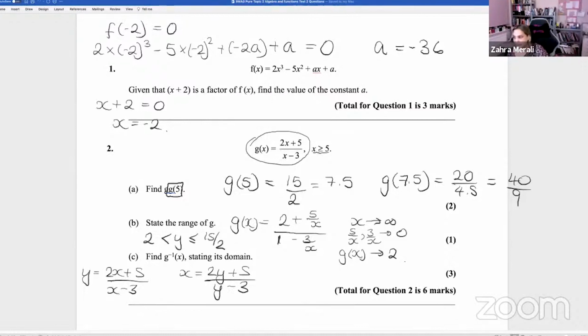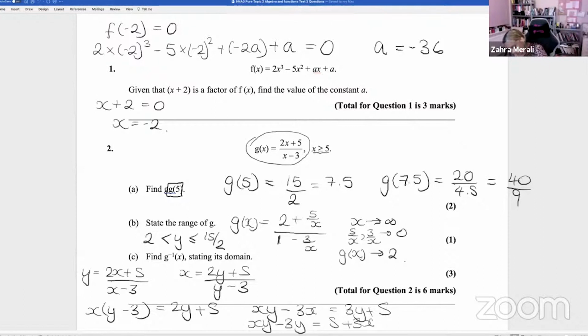So x times y minus 3 equals 2y plus 5, xy minus 3x equals 2y plus 5. Move all the y's onto one side: xy minus 3y equals 5 plus 3x. Take y outside the bracket, y times x minus 3 equals 5 plus 3x. Sorry, it's going tiny in the corner here.